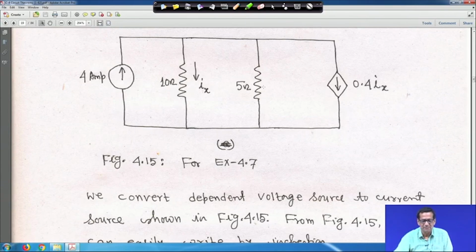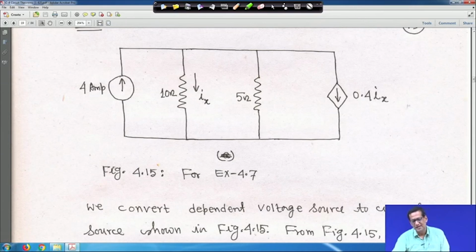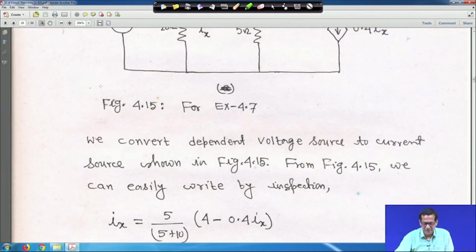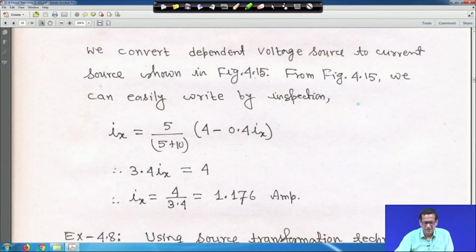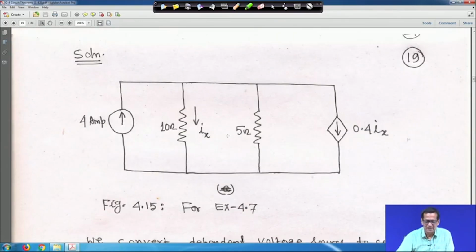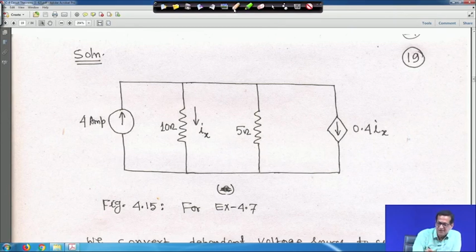Basically 10 ohm and 5 ohm are in parallel, but we will go for current division, and this is 4 ampere. Now, for current division, this one is upward and this one is downward.